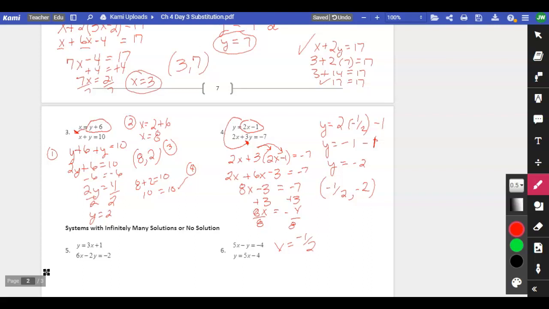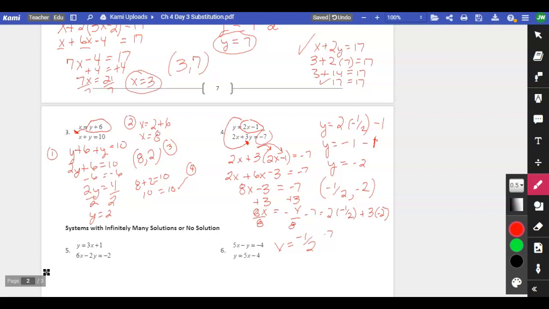And then we check it, especially since you have a fraction, you want to check it. So I have 2 times negative 1/2 plus 3 times negative 2. And I'm going to write it over here, and it has to equal negative 7.